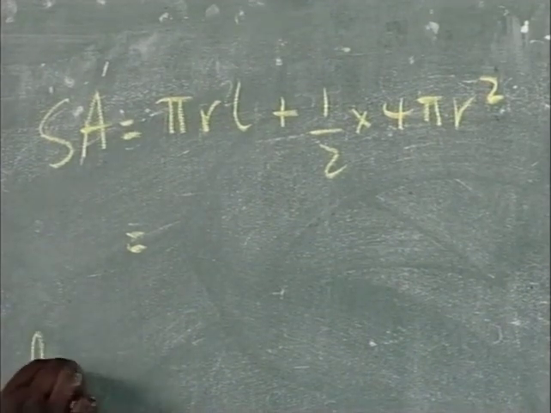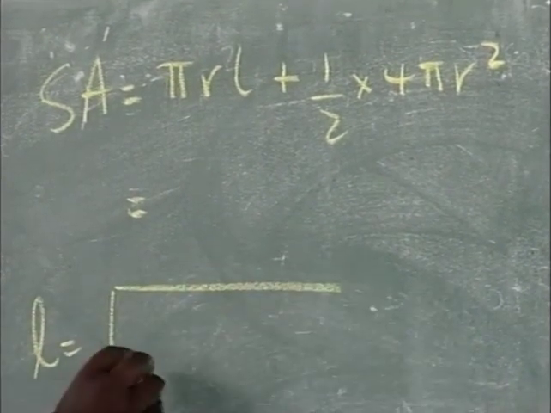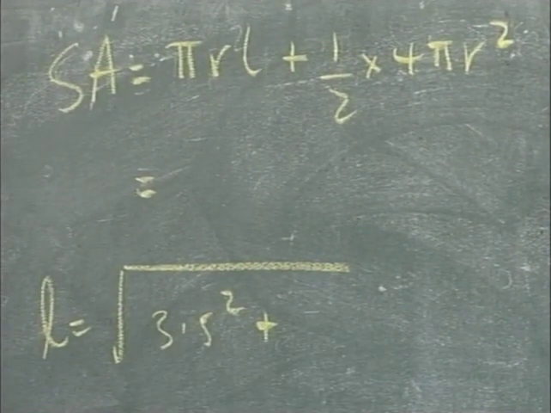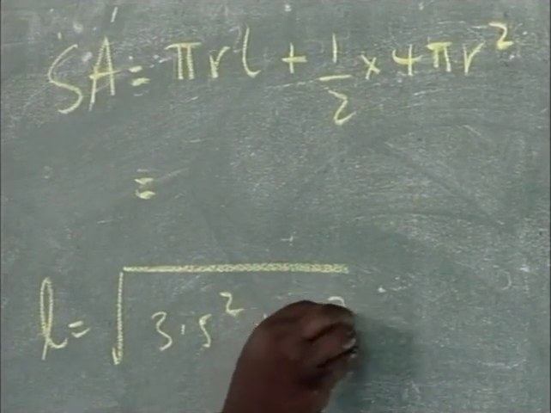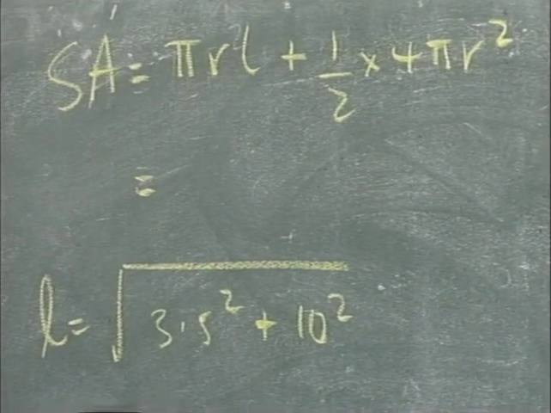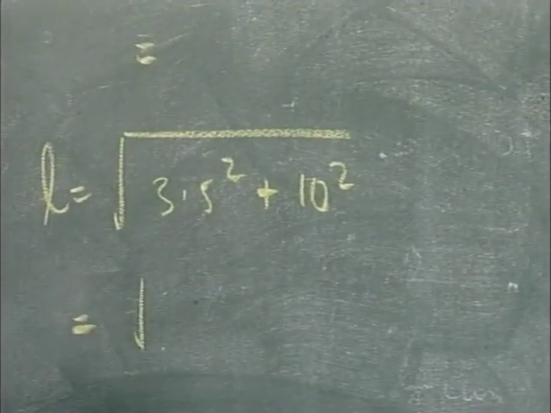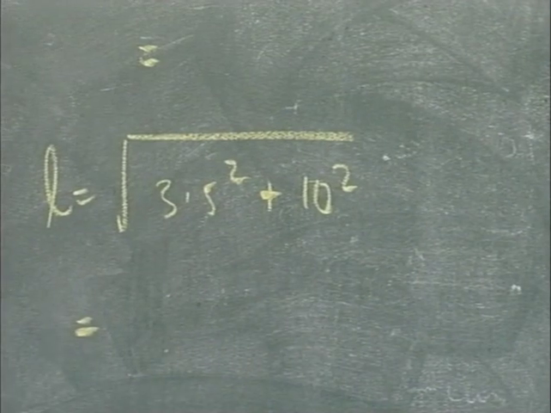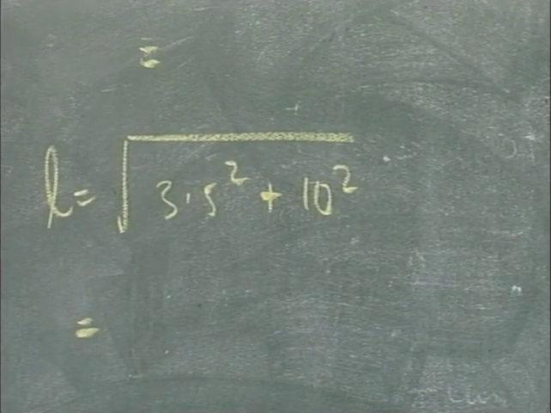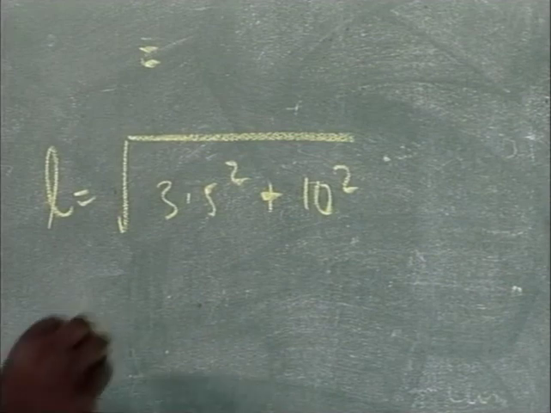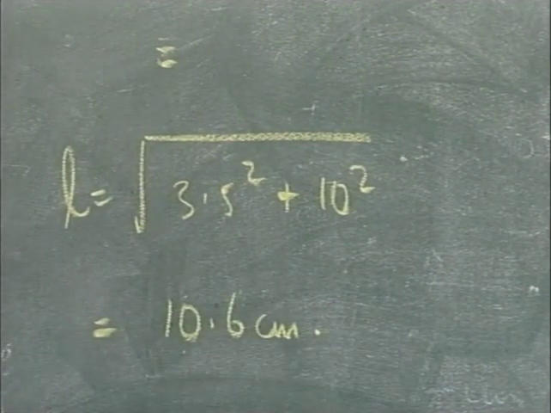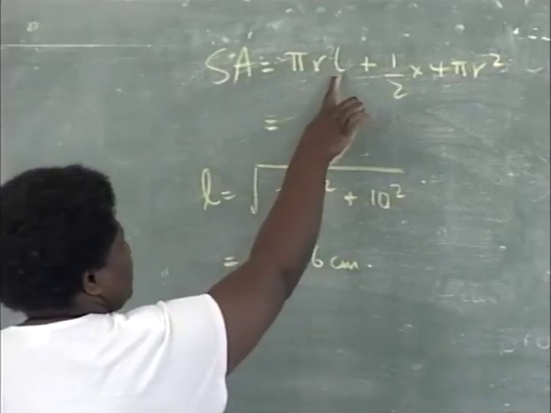Okay, so that's l. l is equal to the square root of 3.5 squared plus 10 squared. Very quickly, what is that equal to? Get the sum, find the square root. 10.6. Okay, so that's what we have to substitute here.